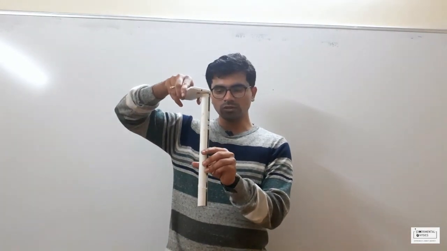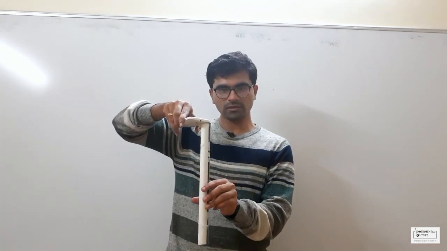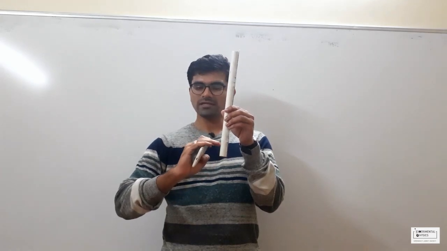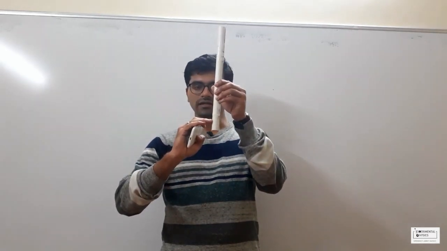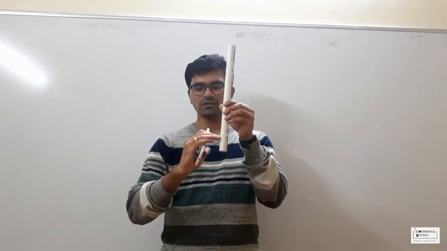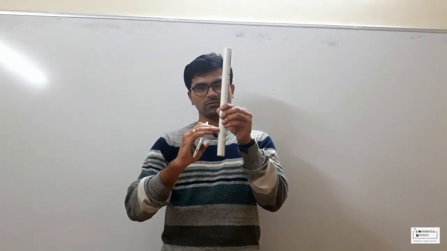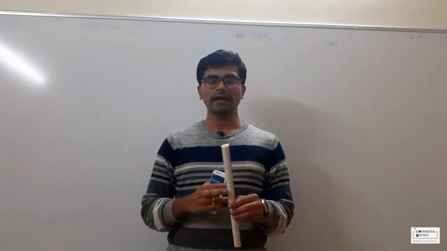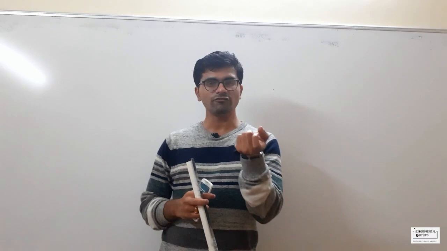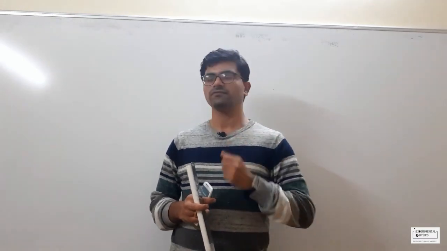Because water remains at the horizontal level, as I dip the pipe more into the water, the length of the air column decreases, and because of that changing length, we can create a standing wave.